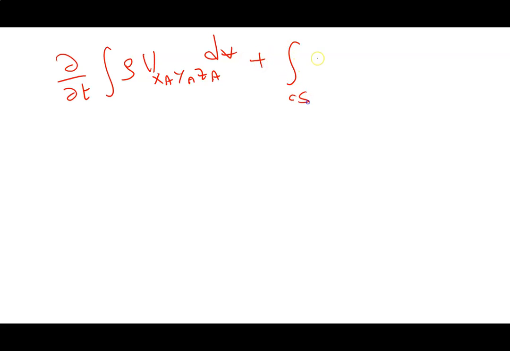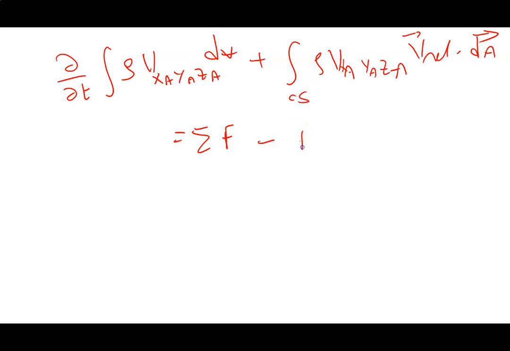If I put all this together, what I'm going to get is the following: the integral over the control volume of rho V_RL dV plus the integral over the control surface of rho V_RL V_RL dot dA equals the sum of all the forces acting on the control volume, and the one term that's left over, I'm going to move to the right hand side.